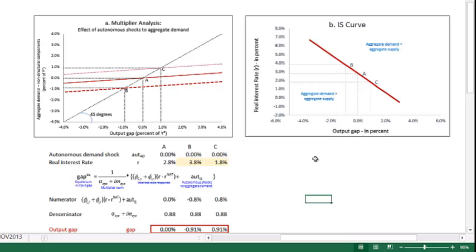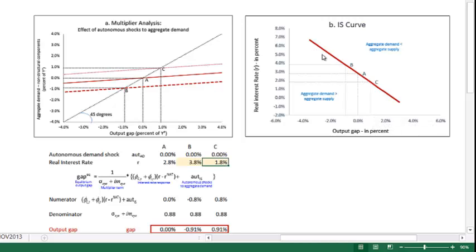Now we're going to summarize these 3 points in terms of output gap and interest rate, because you'll remember that at point A, the interest rate was 2.8%. For point B, the interest rate was above at 3.8%, and below, when we reduced the interest rate to 1.8%, we were at point C, and the output gap increased.